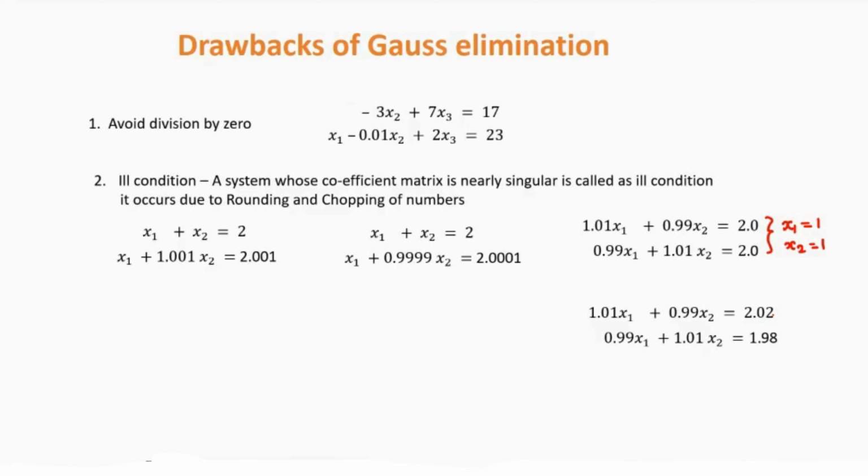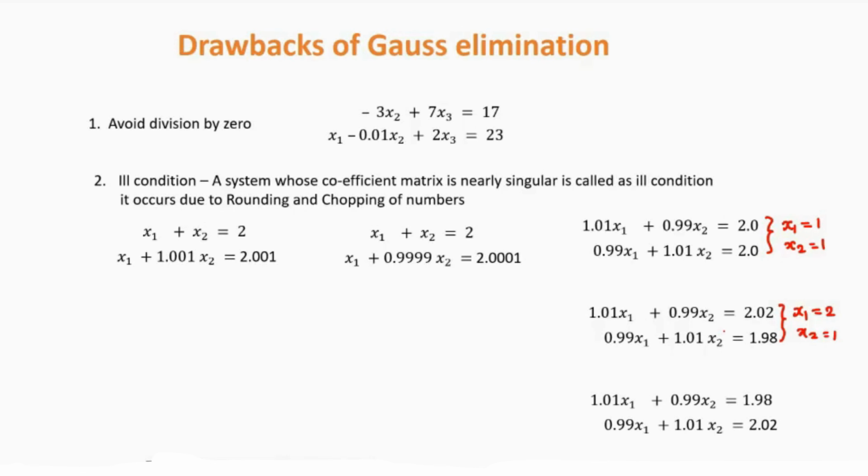In this case, you will get the value of x1 is equal to 2 and x2 is equal to 1. So after solving this equation, you will get this value. And again, I made little modifications.